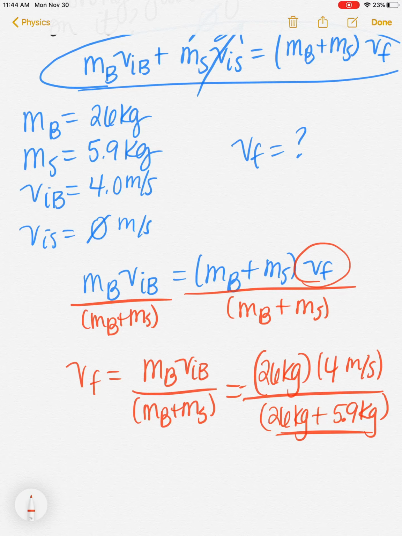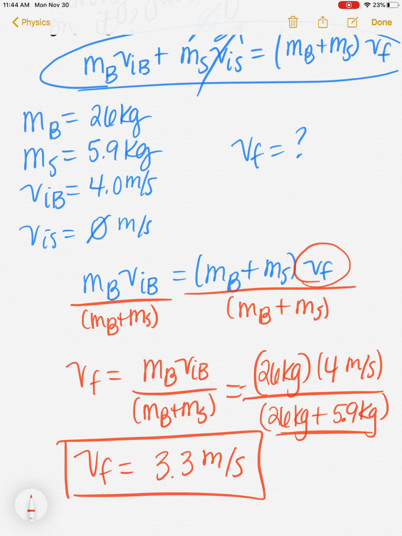So the final velocity equals 3.3 meters per second. Now, if we look at this, that's a slightly slower speed than 4.0 because this is a more massive object as they are moving together mutually with one another.